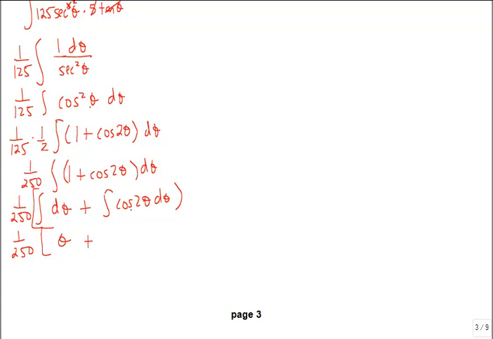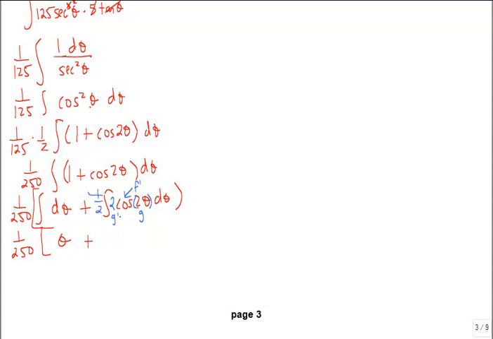To integrate cosine 2 theta, be careful here, use your pattern recognition. Your outer function is this cosine. Your inner function is this 2 theta, so that's your g. You have to have g prime present in order to integrate this. And the derivative of 2 theta is a 2, which we don't have. So put it in so that you have the right g prime, counterbalanced by a 1/2.